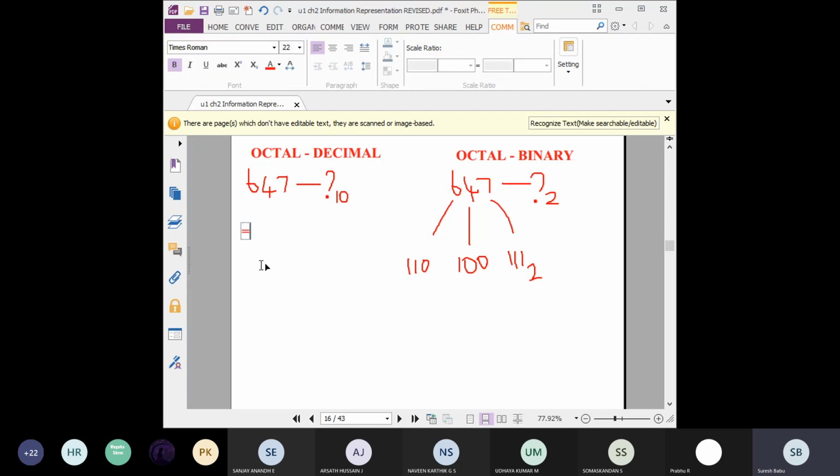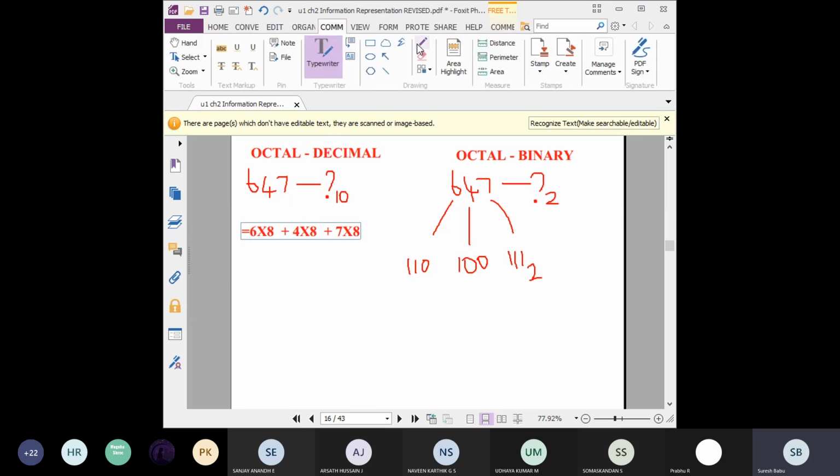Okay, so octal means that is 8. So 6 multiply with 8 power something. Then add with the other value, that is 4. Again the next digit is 4, multiply with the 8 power next value, like this. Again 7 multiply with the 8 power something. Okay, so now we are going to add the power value.